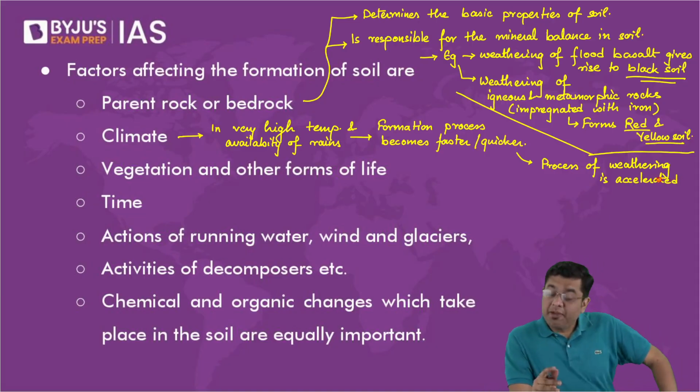Then if in a region you have the presence of a lot of vegetation and other forms of soil, it will also add organic matter into the soil. So it will enrich the content of organic matter.